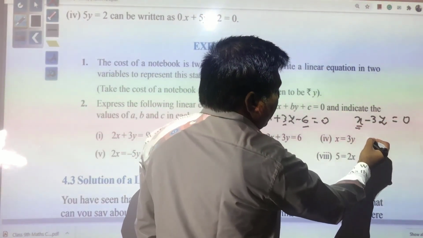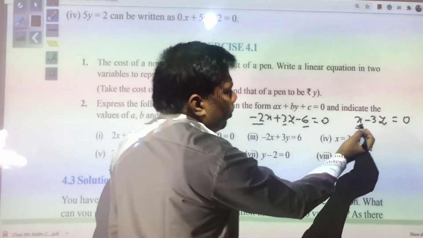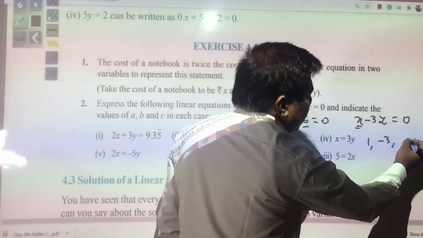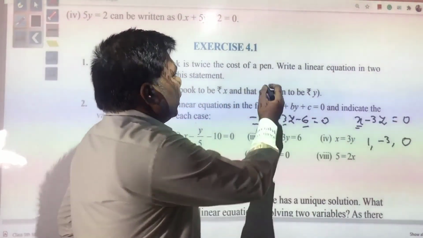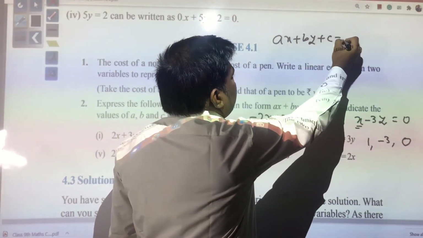Here a you have 1, b you have minus 3 and c you don't have, it means c is equal to 0. If a term is not there, we need to write it in the form ax plus by plus c is equal to 0.